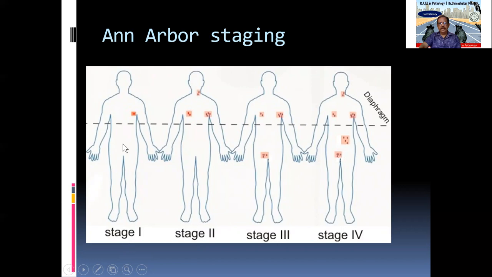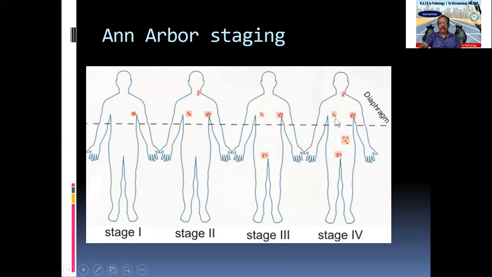Stage 1, I find that there is a single node or a single group of nodes that is involved on one side of the diaphragm. So there is only a single one. Stage 2, there can be two or even three groups that are involved, but all are found on the same side of the diaphragm. So it is stage 2. Stage 3, on either side of the diaphragm.